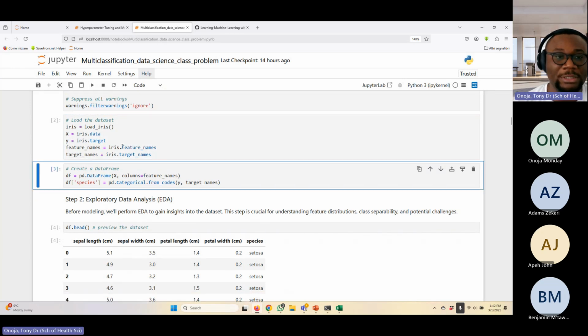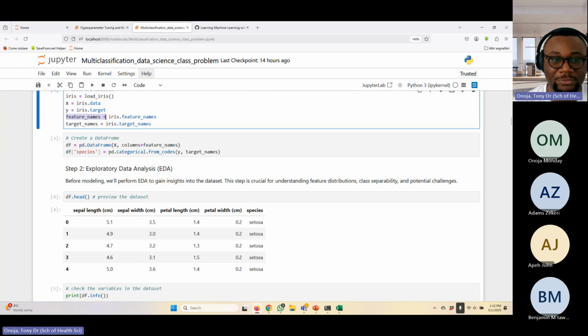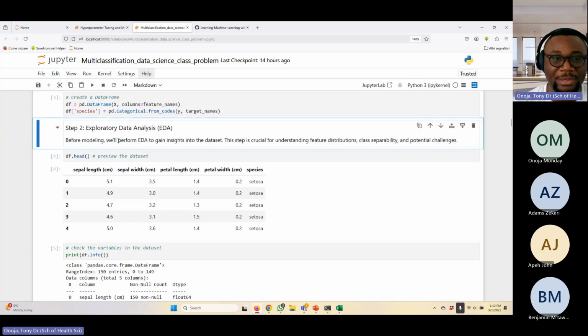After you load them, you define which is X and which is Y. So you run this. Next we need to read it as a DataFrame. So we read X with pd.DataFrame(X, columns=feature_names) because we have already indicated the features here, and also the target. Then we define df['species'] to be the target. Like I always say, have a way to explore your dataset to familiarize yourself with the data.